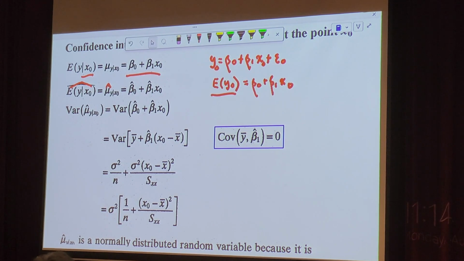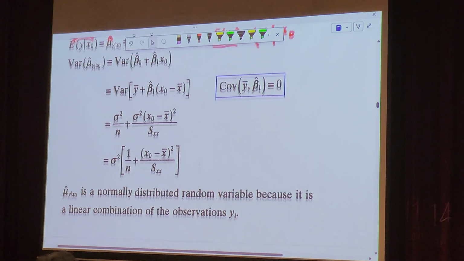But if I try to estimate for x naught equal to 5, then I probably will feel better because the variance is going to be the smallest, it will be most accurate. All right?